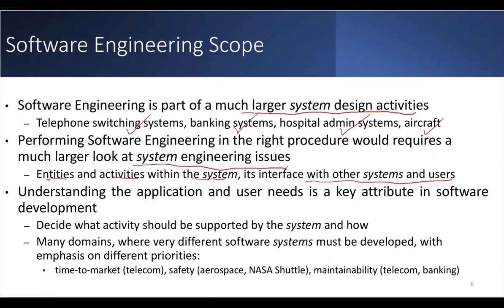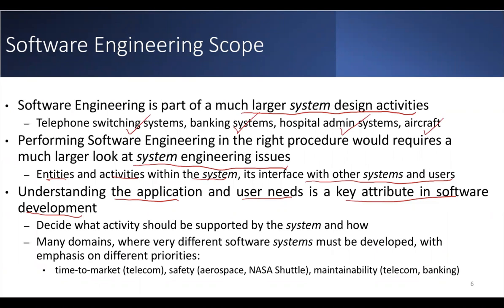Understanding the application itself and the user need is a key attribute in software development. When it comes to developing software, by applying the fundamentals of software engineering to guarantee a high quality product at the end, one major attribute in such a development process is understanding the application itself and the user needs.